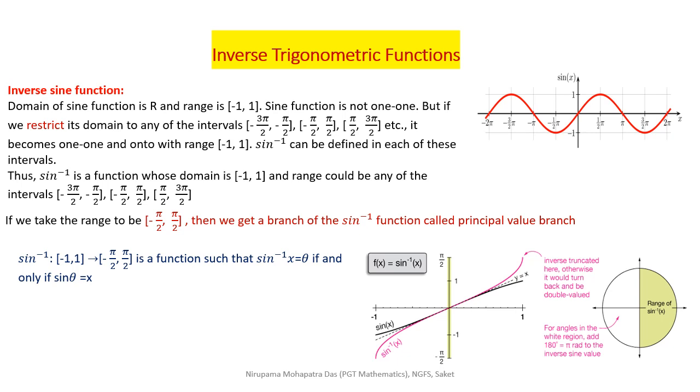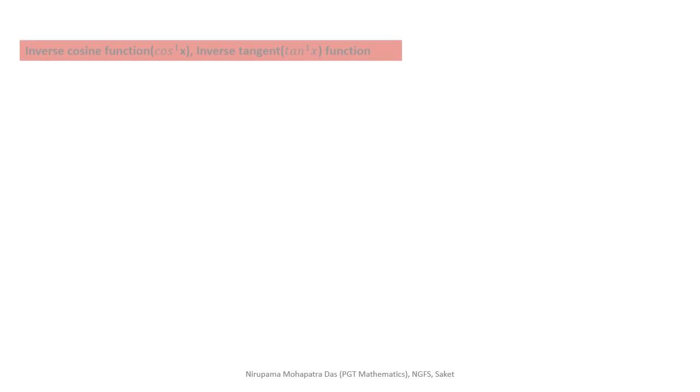Principal value branch is that restricted domain in which your sin x, and we will read further cos x, tan x, all these trigonometric functions will be invertible. So in this case, the closed interval minus pi by 2 to pi by 2 is the branch of sine inverse.